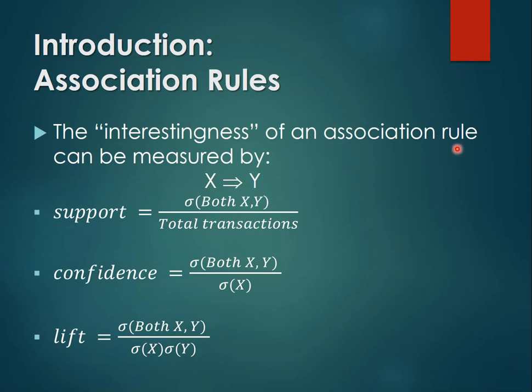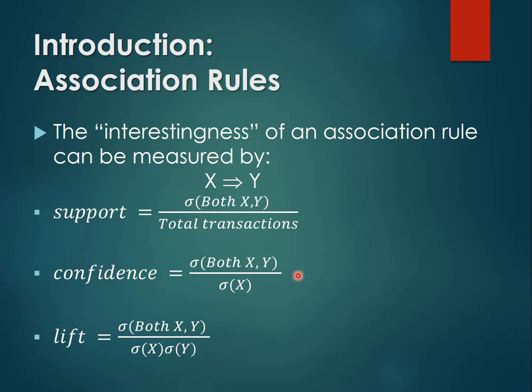An association rule can be measured in terms of its interestingness by several metrics, and we're going to cover only 3 of them here, namely support, confidence, and lift. For a given rule X implies Y, we can calculate the support by having the support count for both X and Y divided by the total number of transactions.